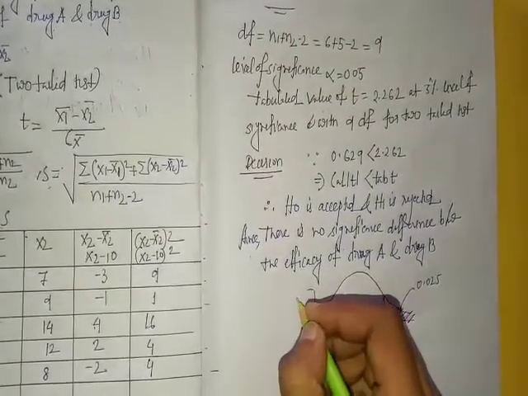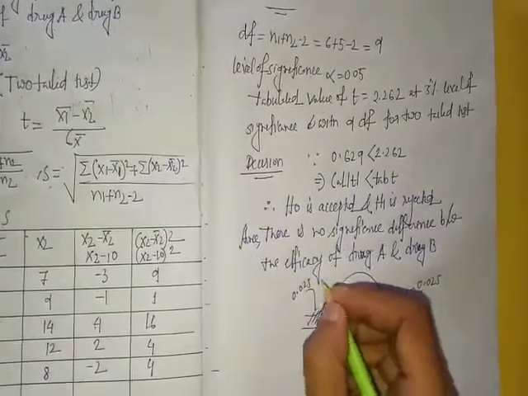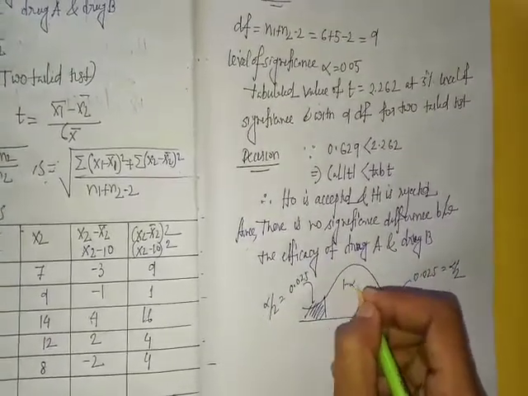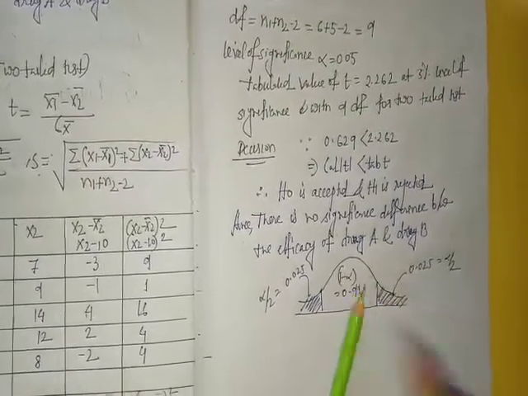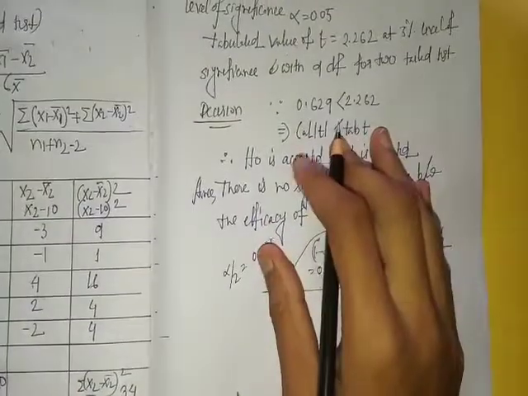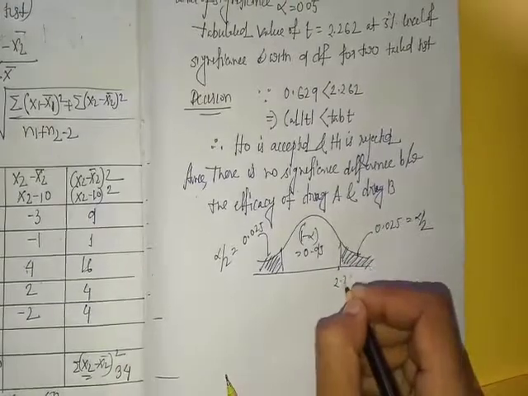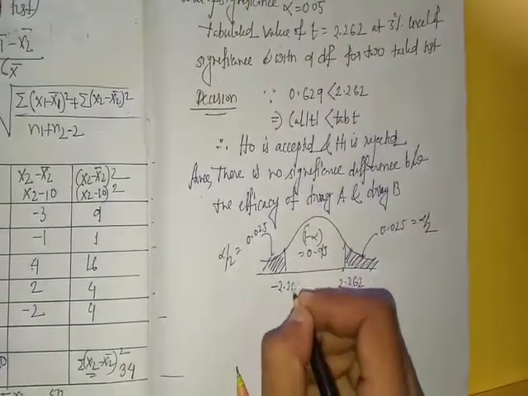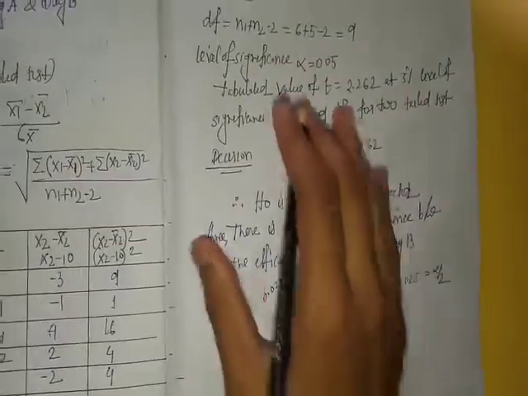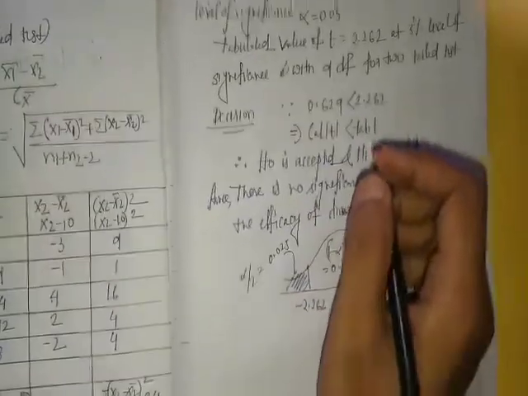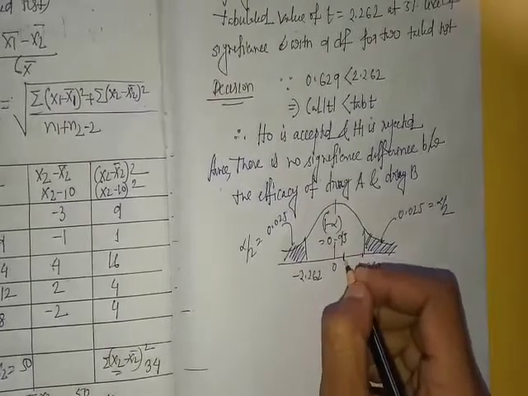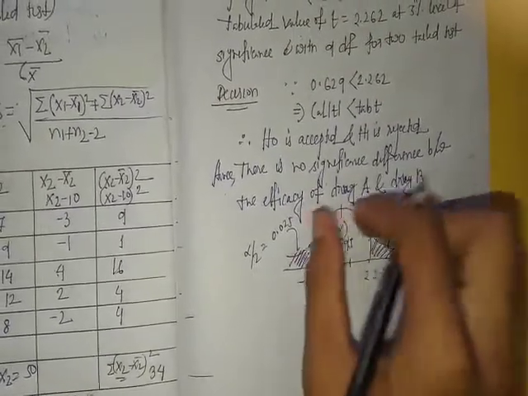This is alpha by 2 and this is also alpha by 2, and the area of the middle portion is 1 minus alpha, which is 0.95. The tabulated values of t are 2.262 and minus 2.262. Since the calculated value 0.629 lies in this region, that's why we accept the null hypothesis.